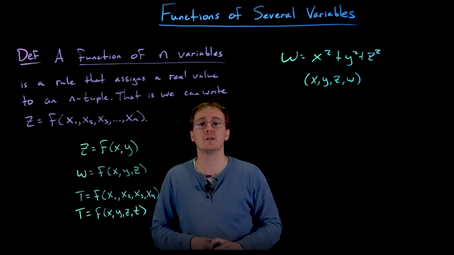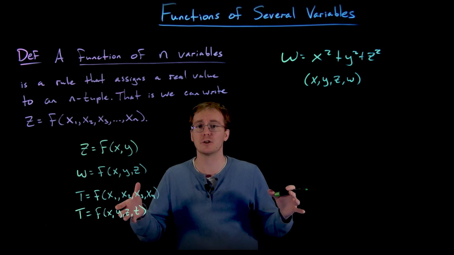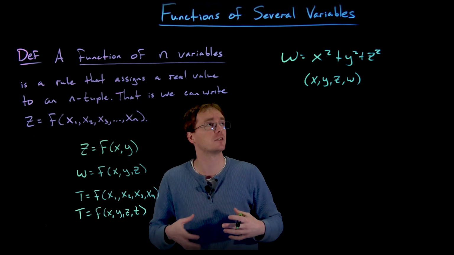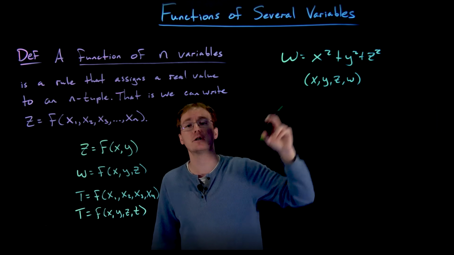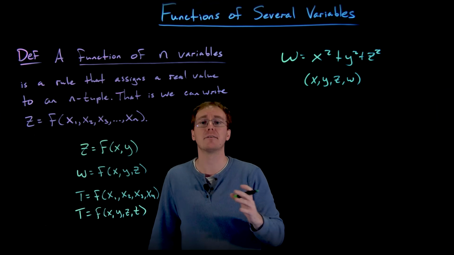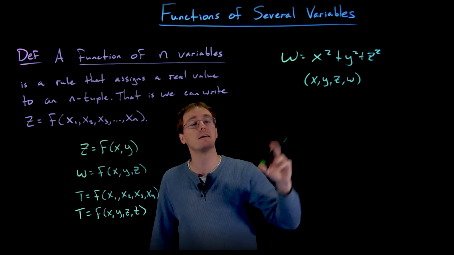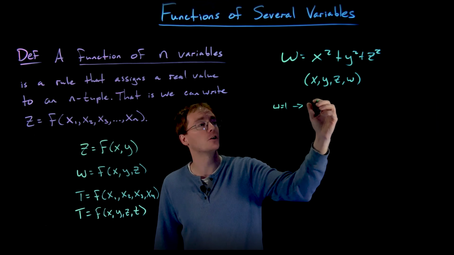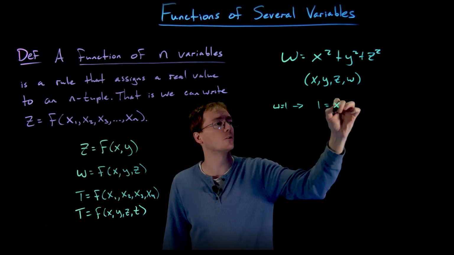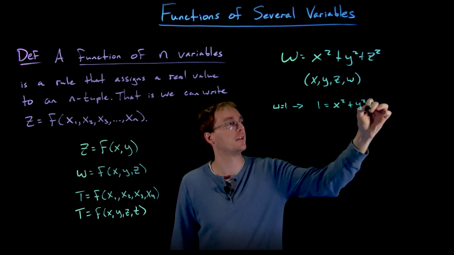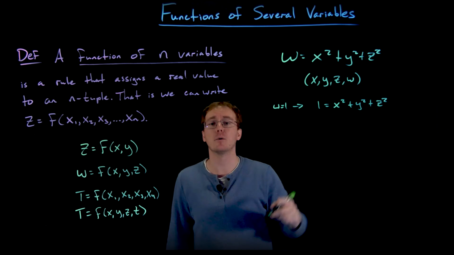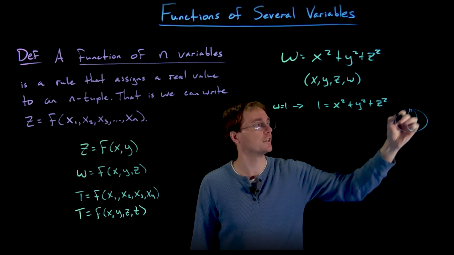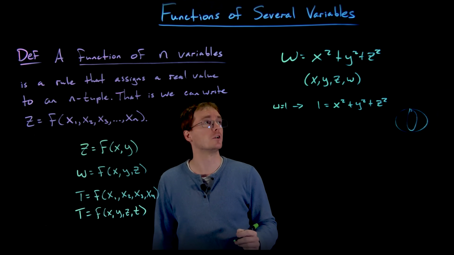The best that we can do is similar to what we did for our three-dimensional surfaces and look at traces or intersections with the lower dimensional space. We cannot graph this function, but what we can graph are level curves, or more appropriately, level surfaces for this function. If we set w equal to 1, then our equation becomes 1 equals x squared plus y squared plus z squared, and we know this surface is going to look like a sphere of radius 1 centered at the origin.